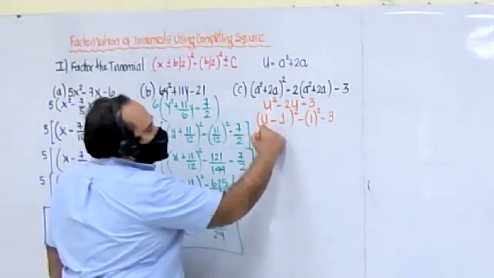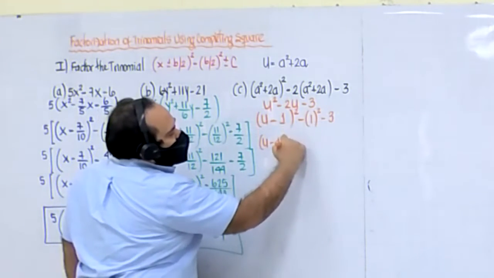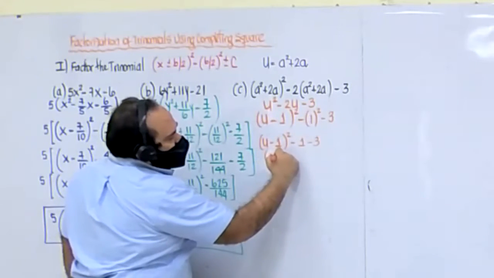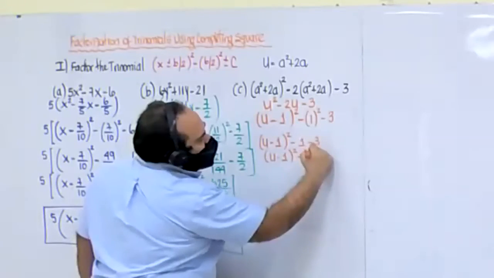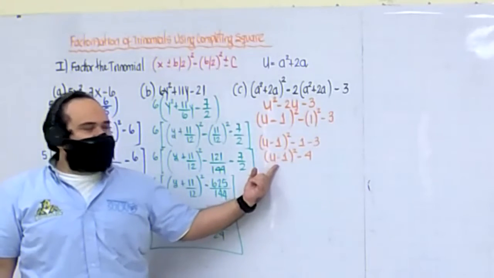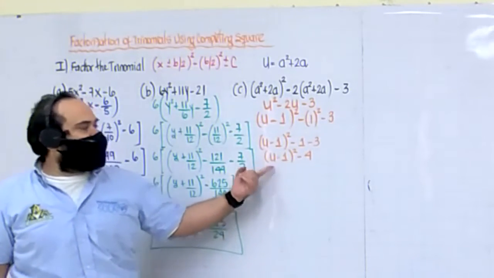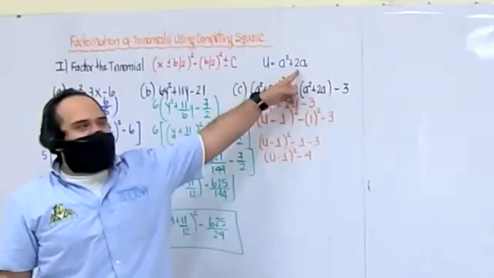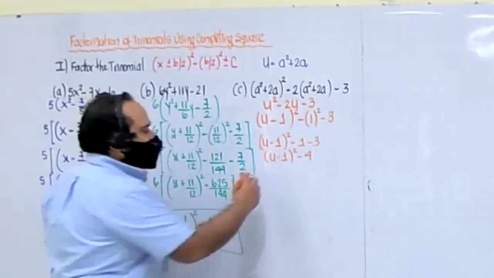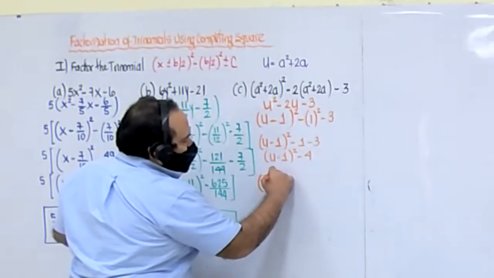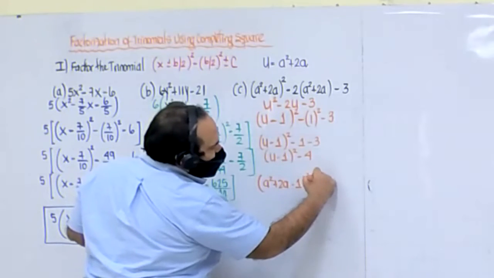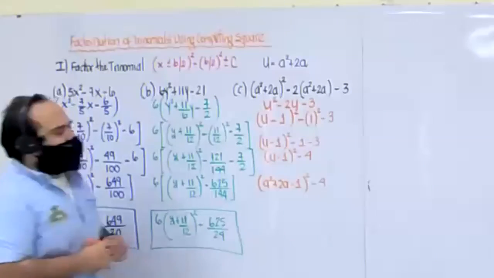For that reason, this expression is given by u minus 1 squared minus 1 minus 3, which is u minus 1 squared minus 4. However, remember, this is not the final answer because the original expression is a squared plus 2a. I'm going to replace the letter u using the original expression. I mean, we have a squared plus 2a minus 1 elevated to the second power minus 4.